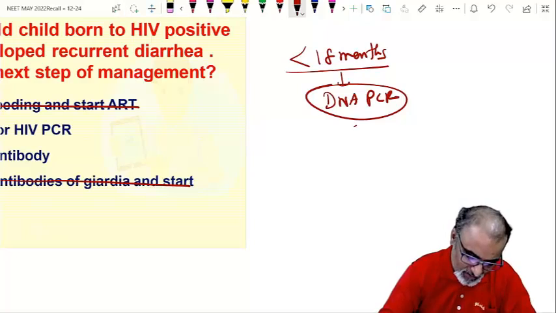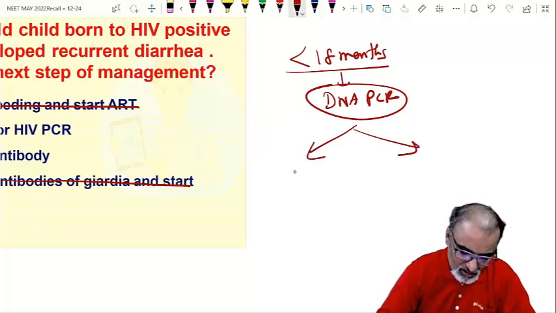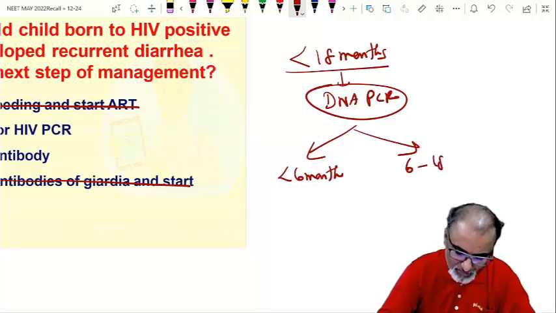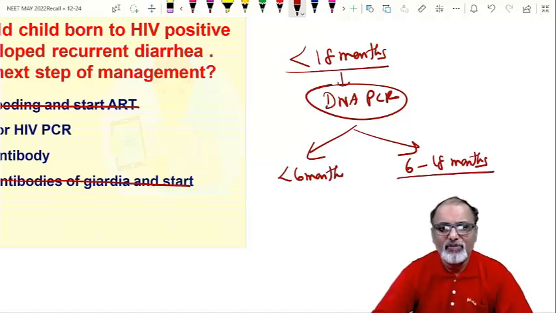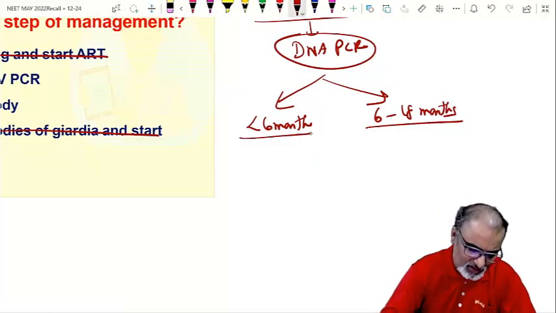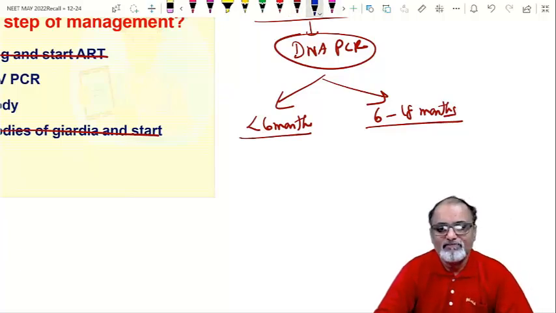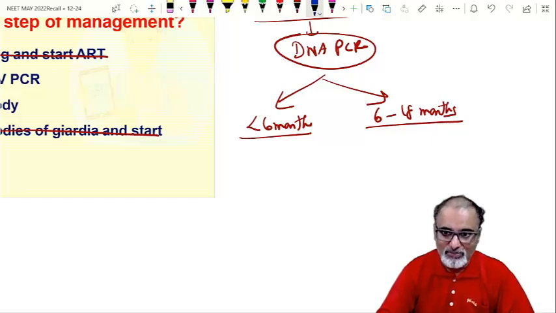Again, they are classifying two schemes. One is children less than 6 months and 6 to 18 months. Make it very easy. Less than 6 months: after 6 weeks, do first dried blood spot. That's called a PCR specimen.